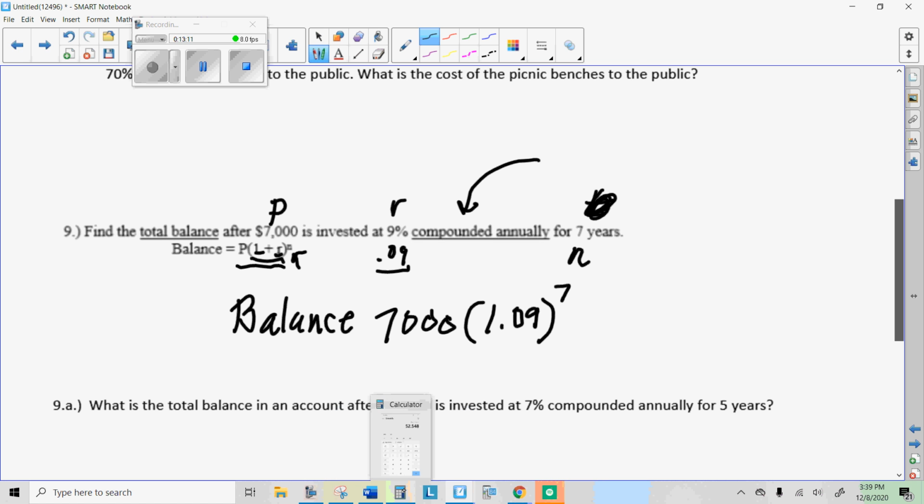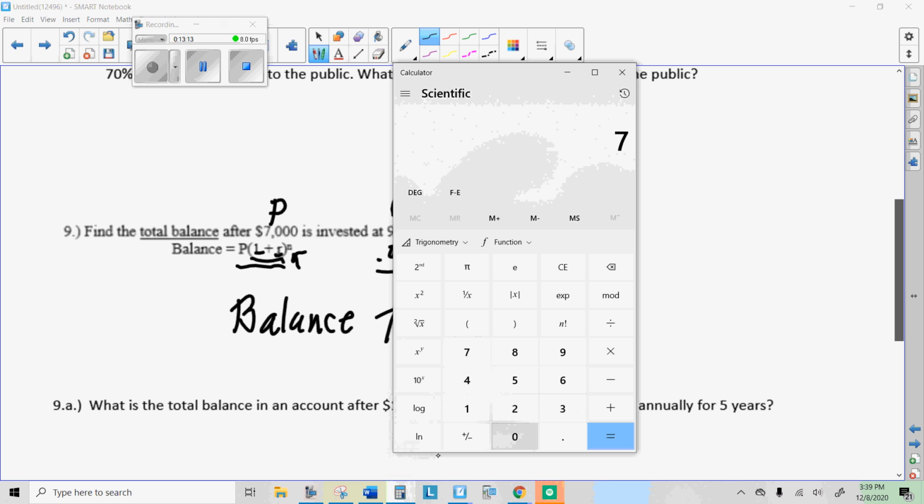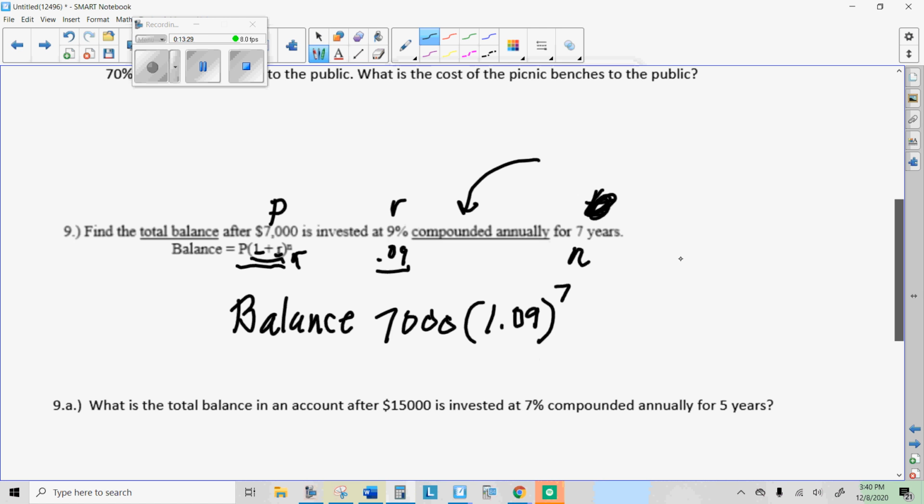So on my calculator, I'm going to take 7,000 times 1.09, and I'm going to use the exponent to raise it to the 7th power. And that gives me 12,796.27 dollars in the account after those 7 years.